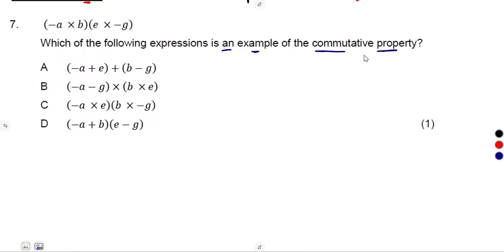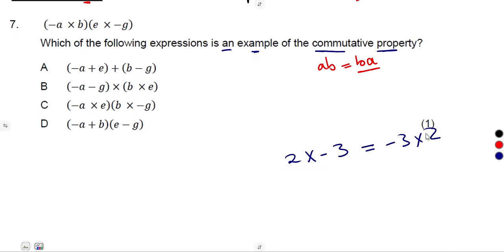Remember, the commutative property is a condition where the product of A and B is the same as the product of B times A. Changing the order of factors does not affect the product. As long as it's a product, changing them does not affect it. So if it is 2 times negative 3, and I write starting with negative 3 like this times 2, it is one and the same thing.